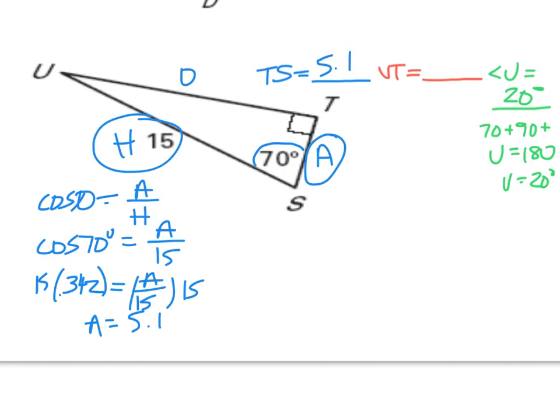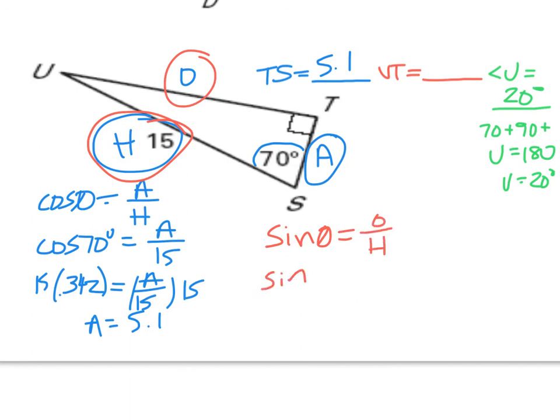And now I'm going to do the same thing for VT, so that I still have H, and now I want to solve for O. O and H is sine, so sine theta equals O over H. And once again, you could do the Pythagorean theorem if you want. Sine of 70 degrees equals O is what I need, over 15.